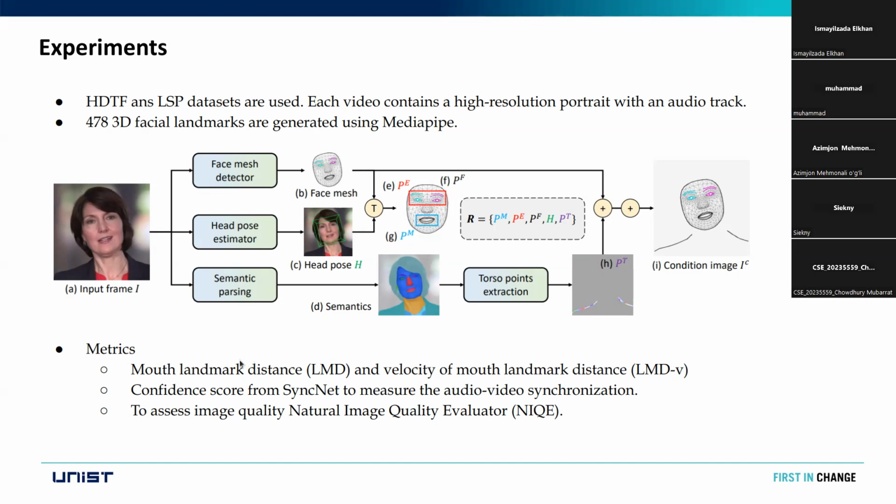To compare with the previous methods, they used several metrics: mouth landmark distance and velocity of mouth landmark distance, to compare how well the model is rendering the lip motion, mouth motion, and lip synchronization.